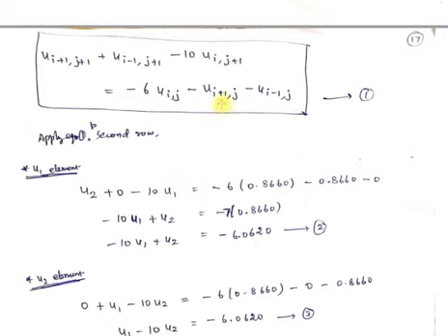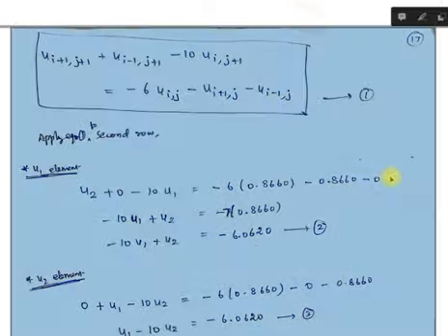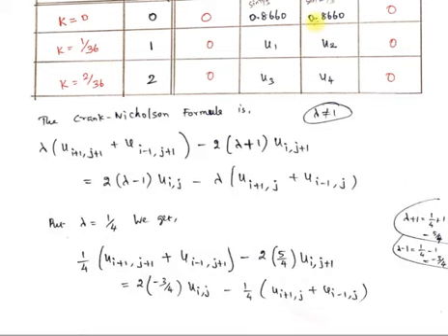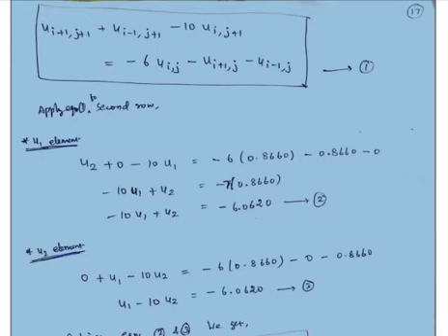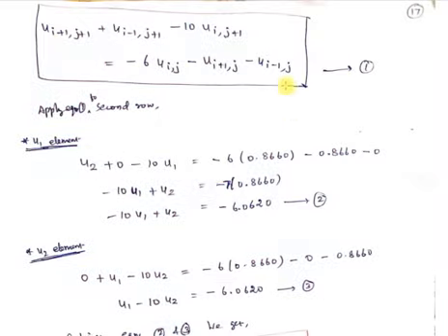That means about u1, it is next to the right side value in the previous row, and it is the left side value, it is u2. Here the coefficient of i comma j plus 1 is minus 10, and i comma j is minus 6.